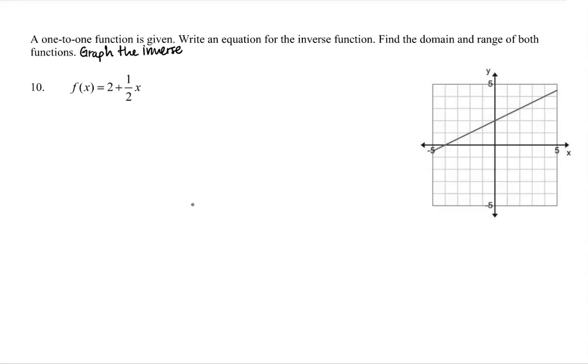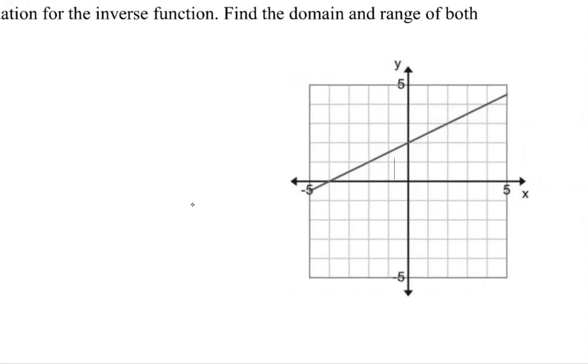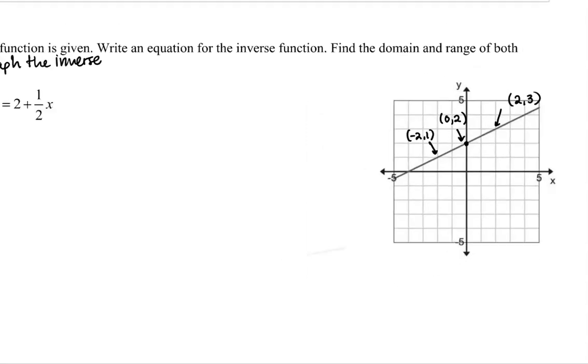Before I start off, I want to point out that there are several points that are on the graph of the original function. For instance, I can see that (0, 2) is on this graph. I can see that (-2, 1) is on that graph, and I can also see that (2, 3) is on this graph.